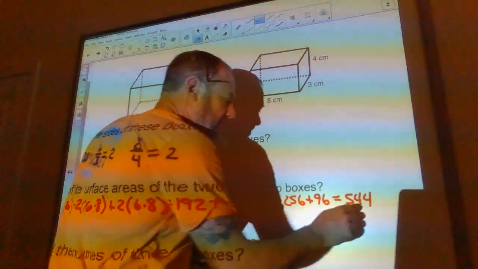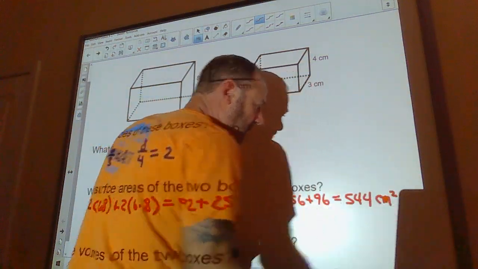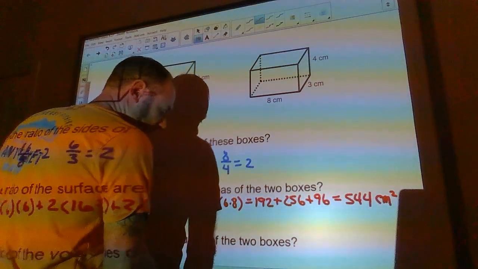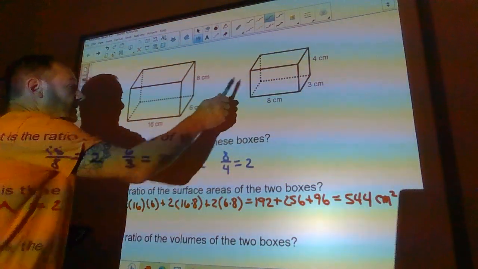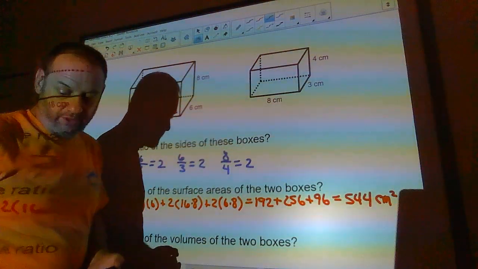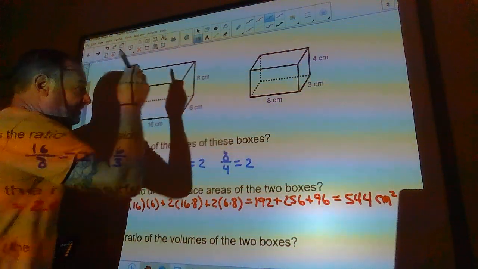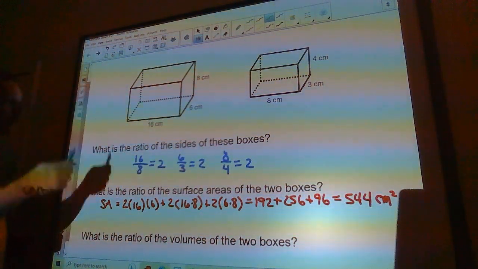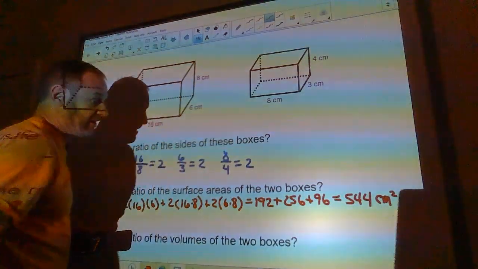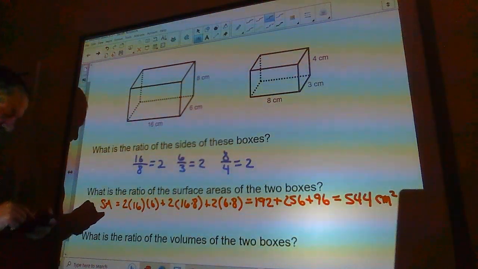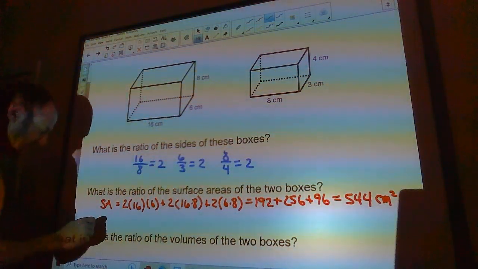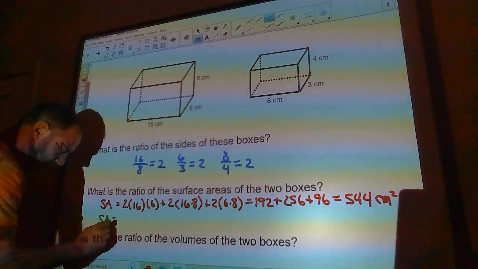And that's in square centimeters. Now, if the ratio is 2 to 1, and you were thinking, oh, this is going to have half the surface area, well, then this should be half of 544, which would be what? 272. So let's calculate its surface area.